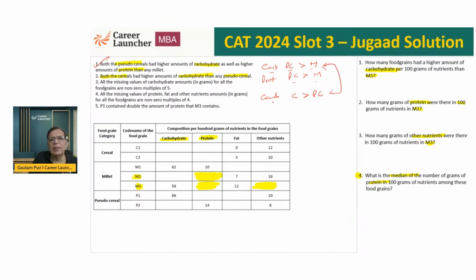Combining these two, as far as carbohydrates are concerned, cereals have more carbohydrates than pseudo cereals, which have more carbohydrates than millets. So I can erase this one. Both these statements have been combined, and as far as protein is concerned, we only know so far that pseudo cereals have more protein than millets. Okay, next question.